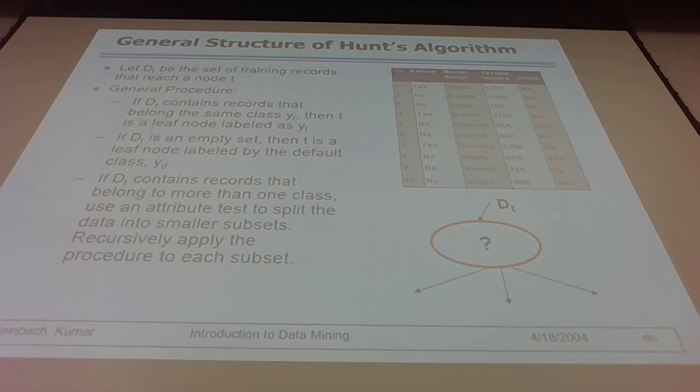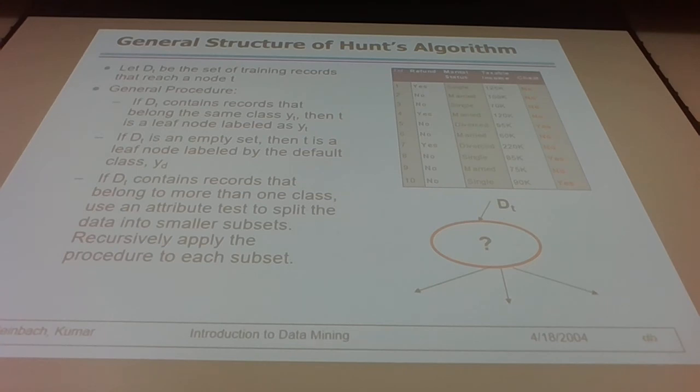If Dt contains records that belong to the same class yt, then t is a leaf node labeled as yt. It is the same argument that we followed for the initial example. If it is a pure class, which means all the training data points have yt as their class, then stop there and label that node yt.